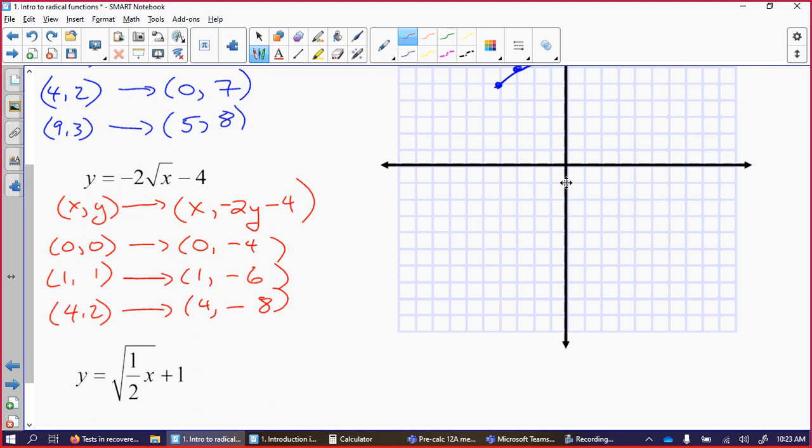So 0, 1, 2, 3, 4. 1 and negative 6. 4, 1, 2, 3, 4, and negative 8. Wow, that was awful. Oh my lord, this is such a pain in the butt.